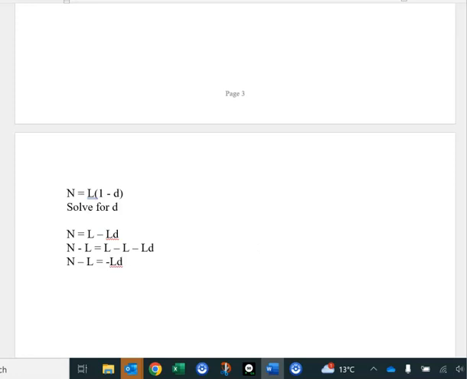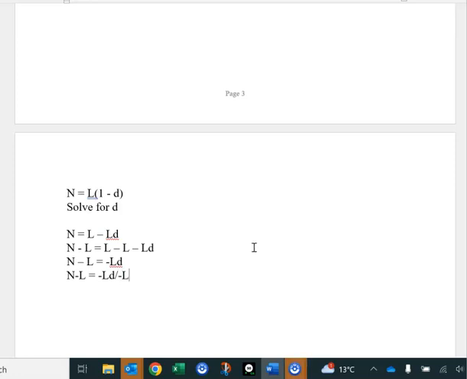Okay. So I now want to get rid of the negative L from the right-hand side because I want the d to be by itself. So I have n minus L equals minus Ld. I need to divide that by minus L.